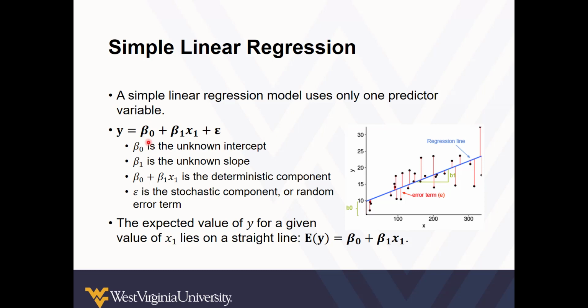This being our intercept and beta 1 being our slope. And then we can see that our error term is calculated from the difference between our observed values, which are these black spots, and the corresponding position on the regression line.